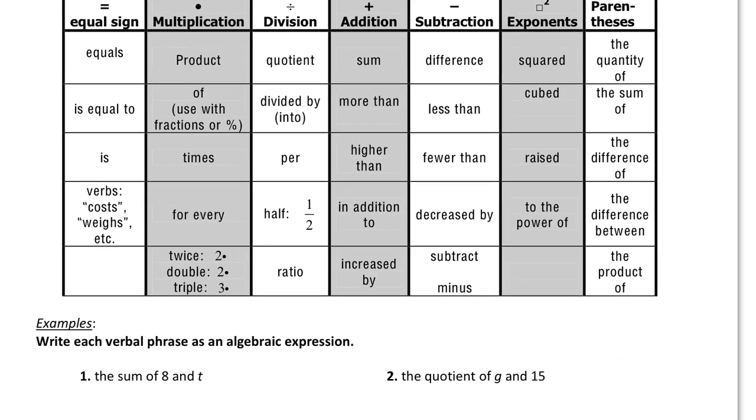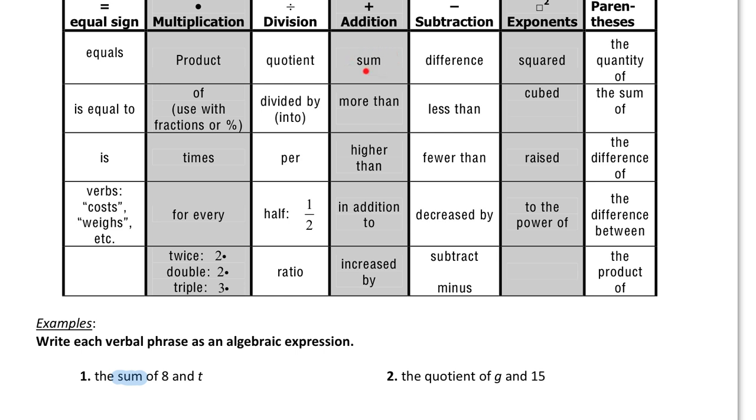So the first one we have down here is the sum of 8 and t. So now you are going to highlight that key word there, and then you're going to write what it is that you're going to do. And if you don't know it right off the bat, you can look for that word in the table above.